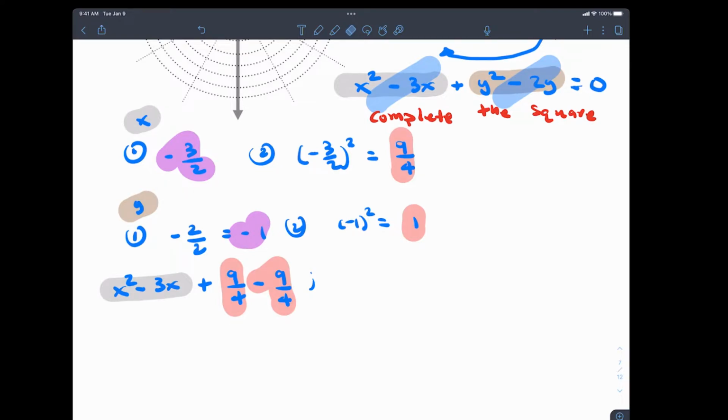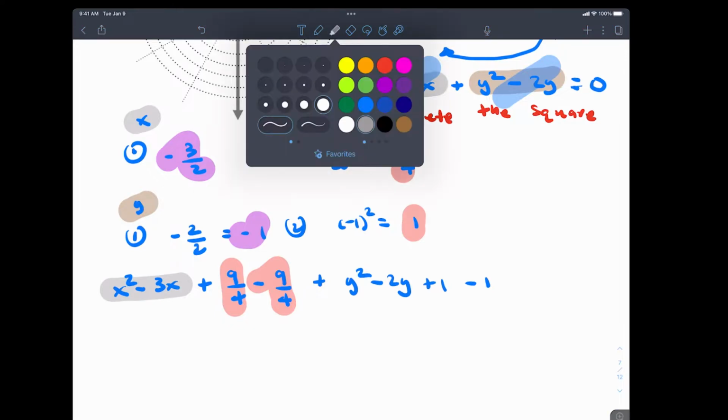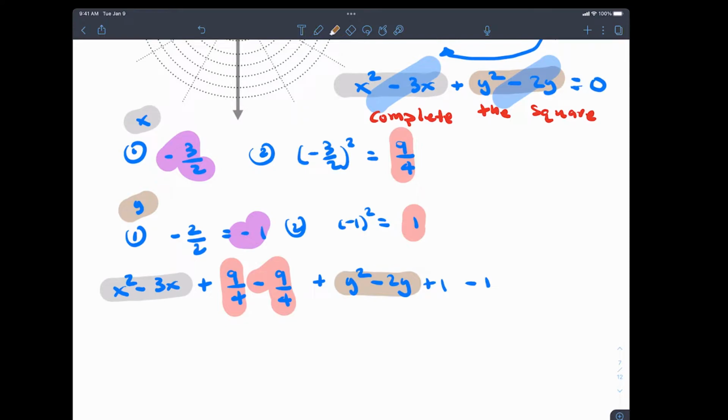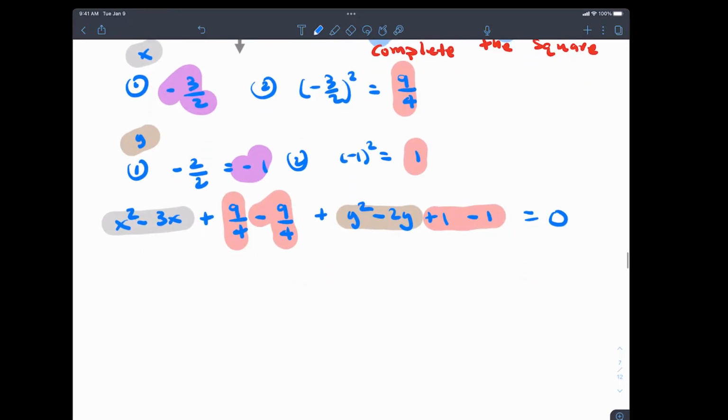Well, that's going to be plus y squared minus 2y. You're going to add 1. You're going to subtract 1. Okay, so we're doing the y as well. So in red, it's here and here. And of course, that equals 0. Okay? So I think we're okay.